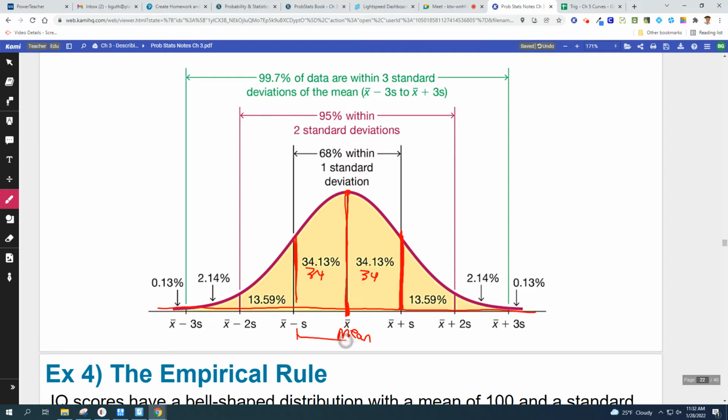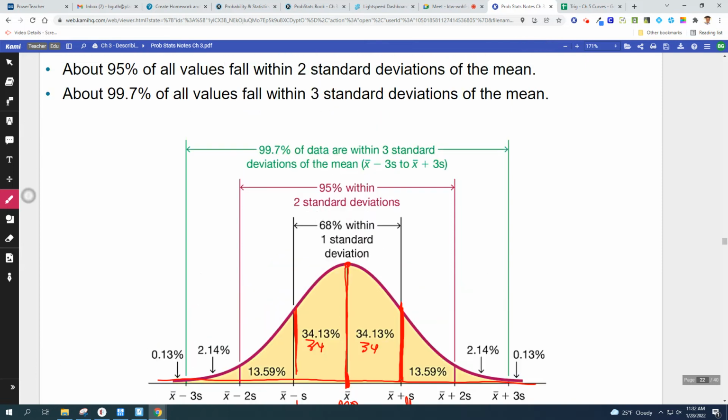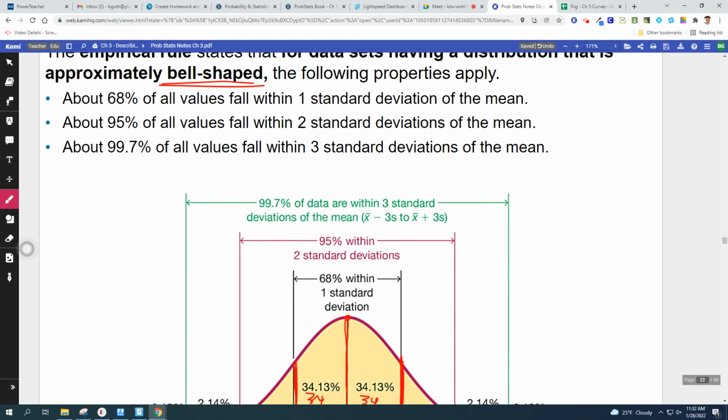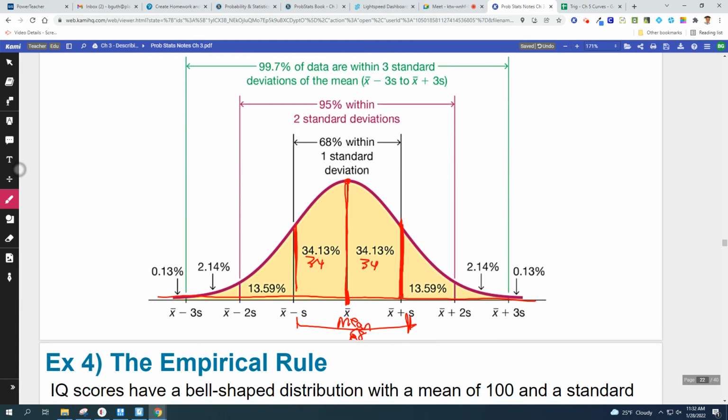So 68% of the numbers fall within one standard deviation of the mean. And then there's another 13.5% right here and here.